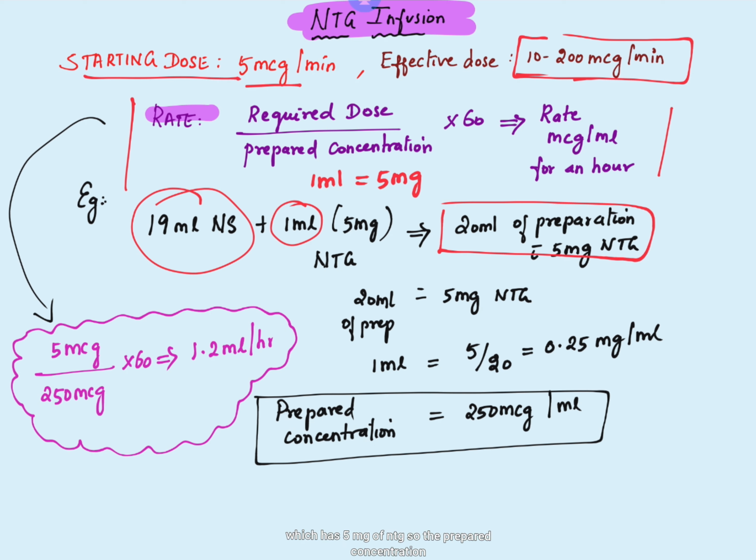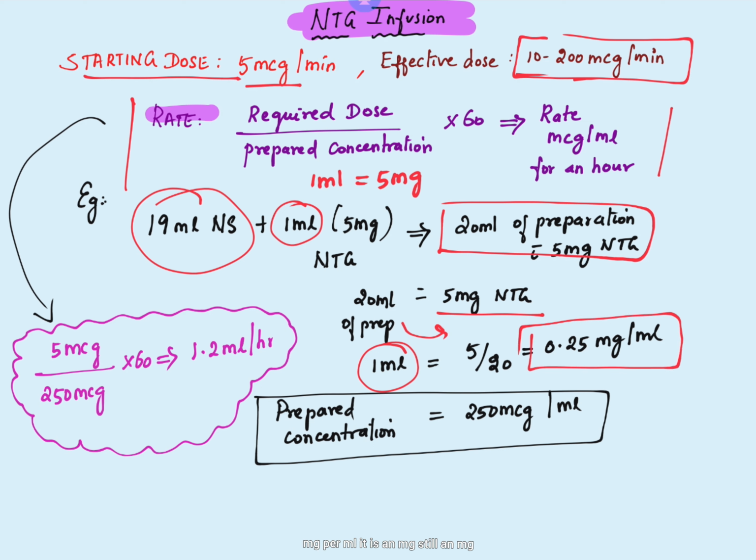Now for the prepared concentration, we should do the calculation. In 20 ml preparation we have 5 mg NTG, so in 1 ml how much will we get? 5 divided by 20 gives 0.25 mg per ml.